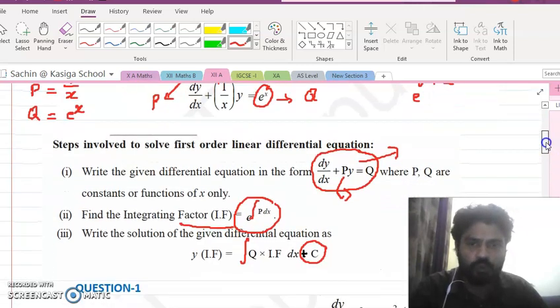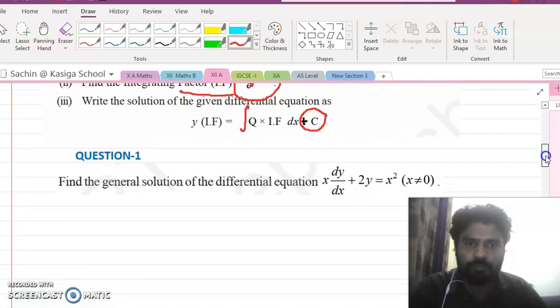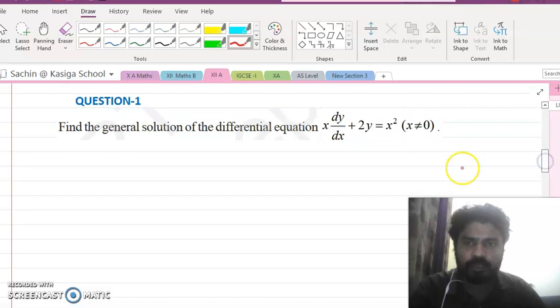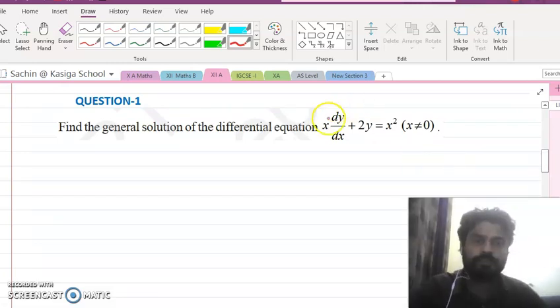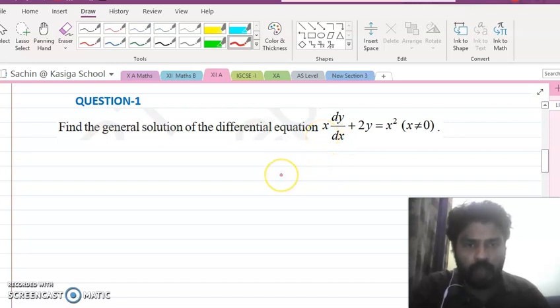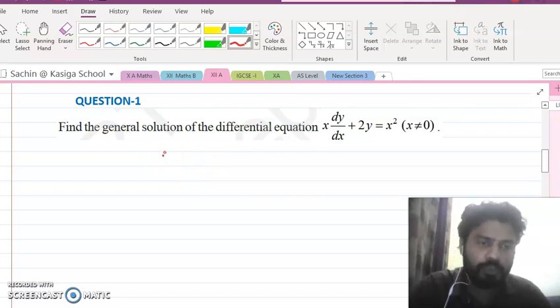So let's go to one example. I will be solving this question. We have to find the general solution of this linear differential equation. Before finding the general solution, we must have the integrating factor.